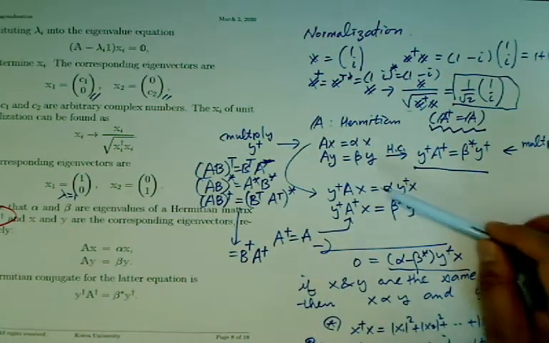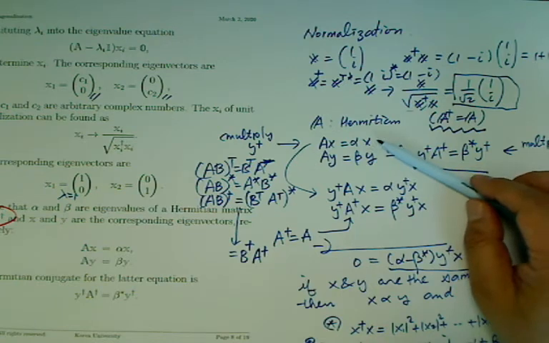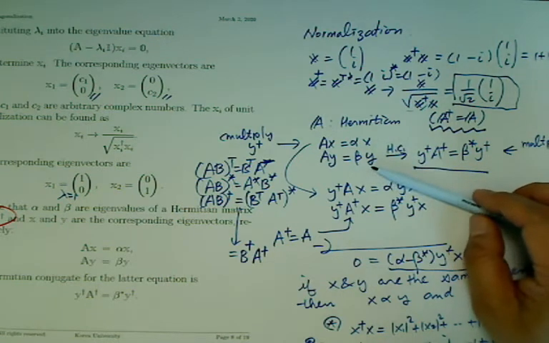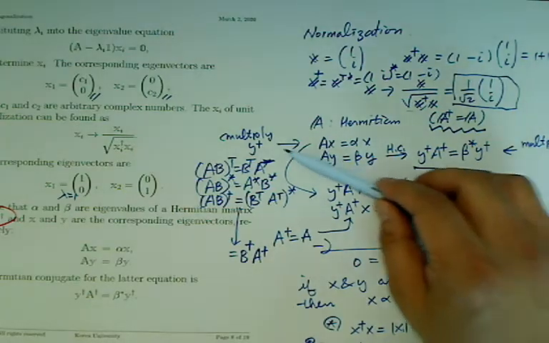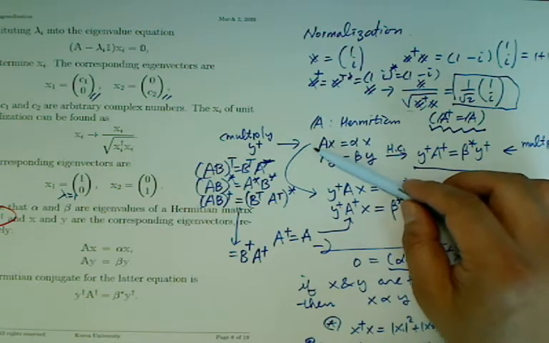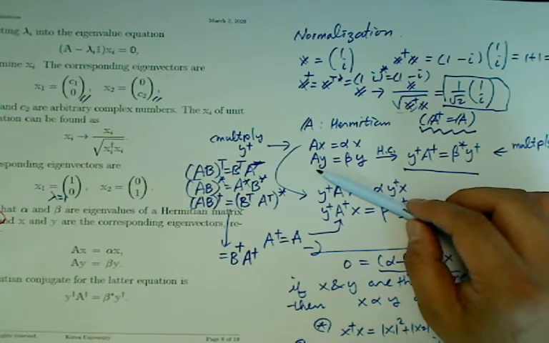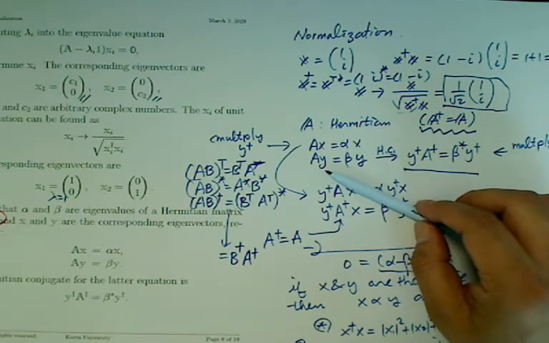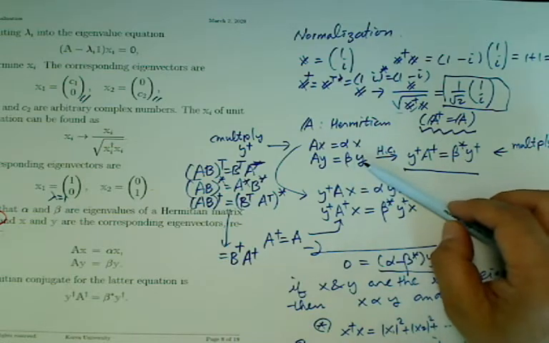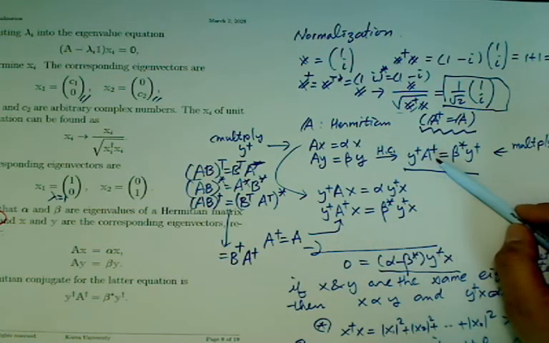Suppose that alpha is the eigenvalue of eigenvector x, and beta is the eigenvalue of eigenvector y. We multiply y dagger to the left-hand side of the first equation, and we take the Hermitian conjugate of the second equation. That's y dagger, A dagger.